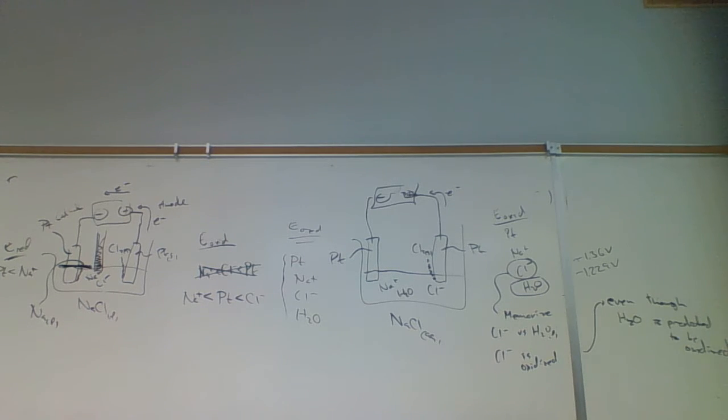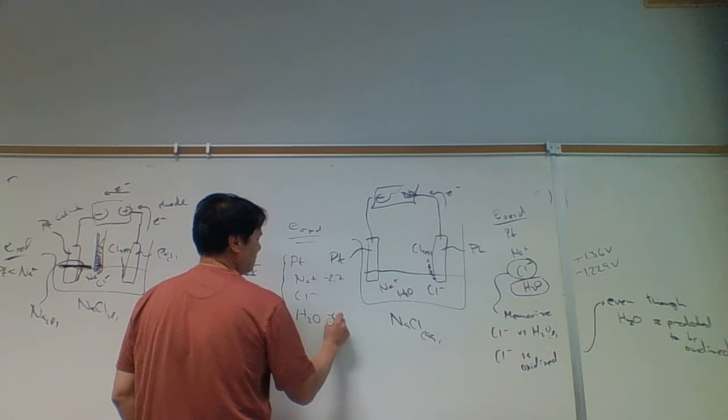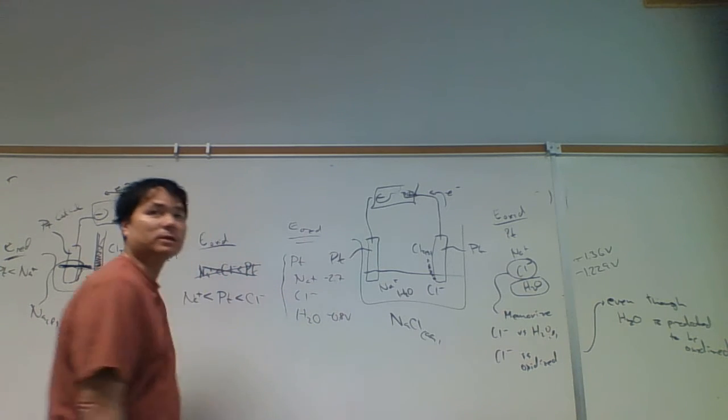Okay, then let's keep going down the chart. As we keep going down the chart, we'll encounter water. Here, water. But this is in a second chart, and so water's reduction potential is minus 0.828 volts. So sodium ion is minus 2.7 volts. Water is minus 0.8 volts. What's chloride's reduction potential?